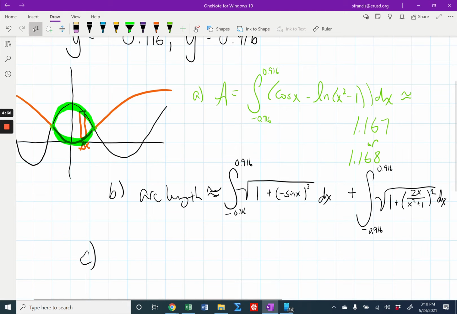So if I look at this length right here, top minus bottom, this cosine of x minus natural log of x squared plus 1, just like we used for part A, that is the side length of the equilateral triangle.